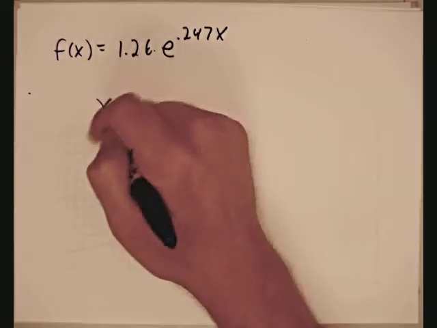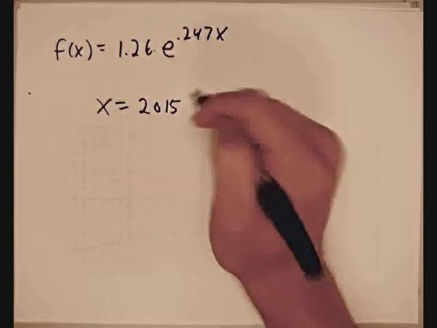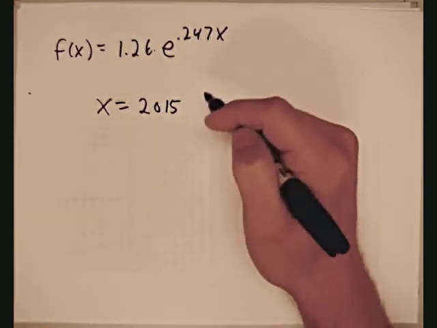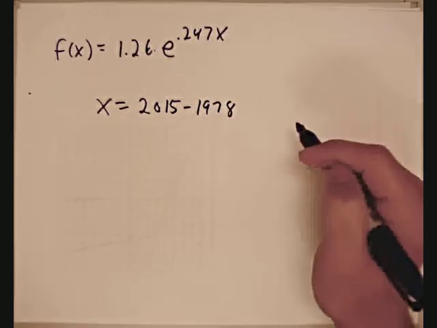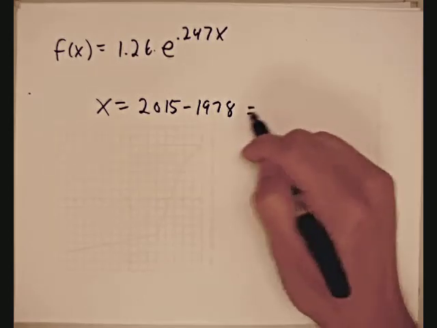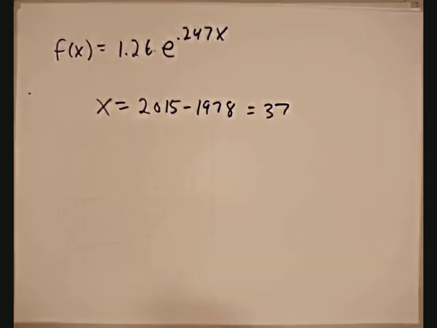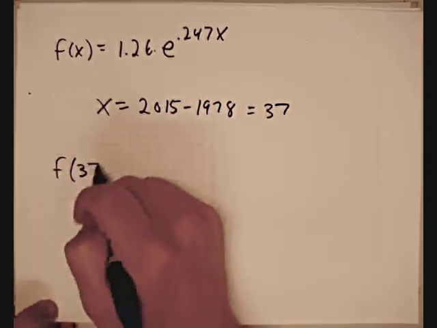So you would want to subtract 1978 from 2015, and if you do that, you get 37 years. So 37 years have gone by. So to answer this question, we need to put 37 into our function.